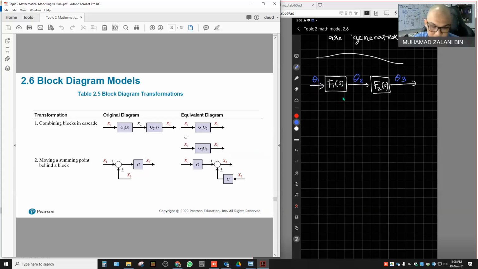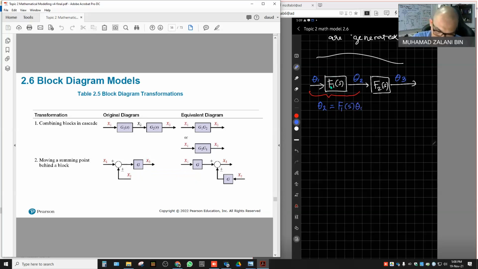So by equation, we can write the equation for theta 2, using the ratio of output and input that defines the transfer function. For this cascaded block diagram, for the first block we can determine theta 2, which is F1(s) theta 1.